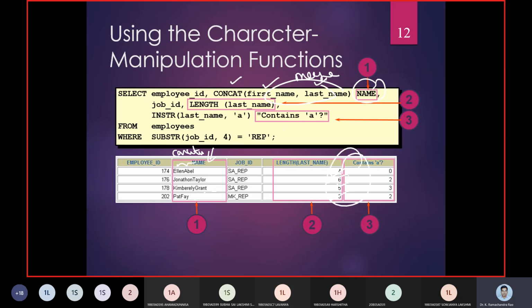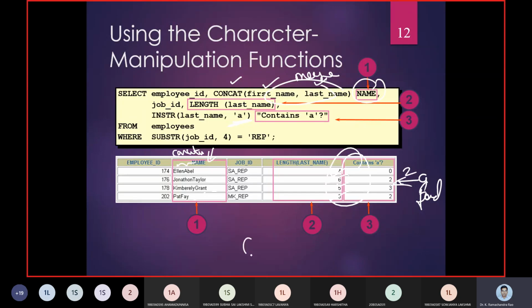Now this is the length of the characters, and then you are searching in the last name at what position lowercase a is going to be found. In Abel it can't be found, as the lowercase letter. Then it is going to check for the lowercase letter in Taylor. So Taylor, T-A: A is going to be found at the second character.